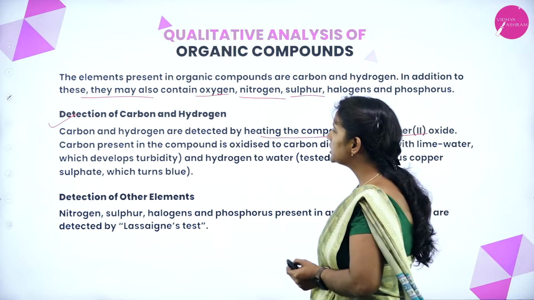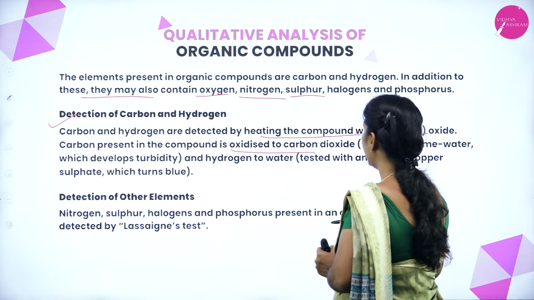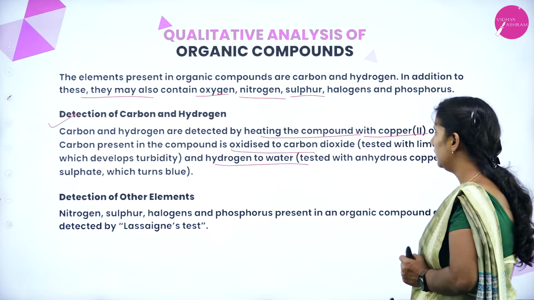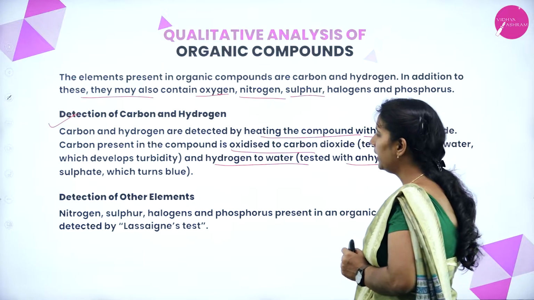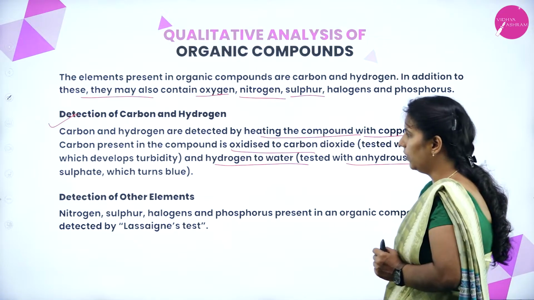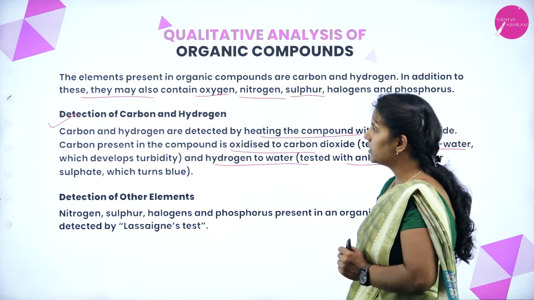The carbon present in the given organic compound is oxidized to carbon dioxide and the hydrogen is oxidized to water. The water is tested by anhydrous copper sulfate and the carbon dioxide is tested with lime water, which turns milky. Let us understand with the reaction now.